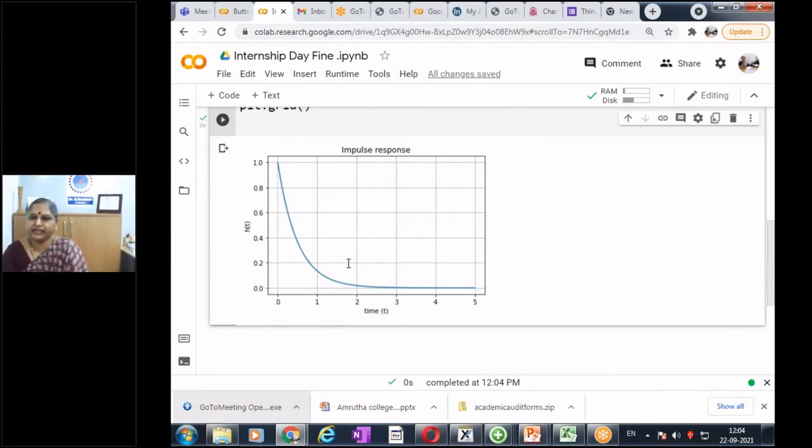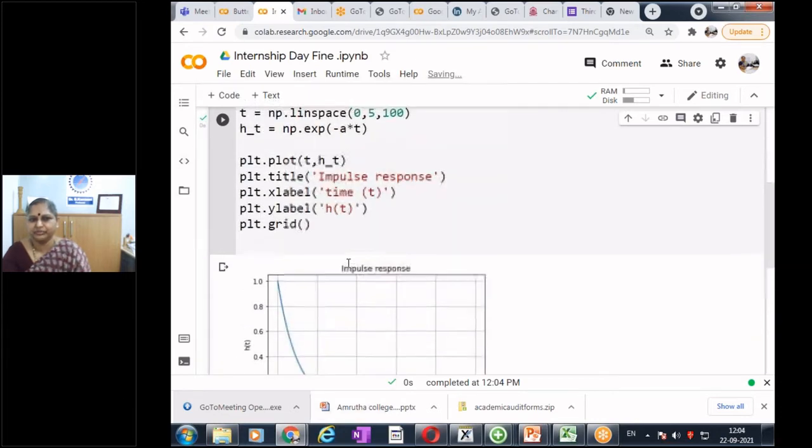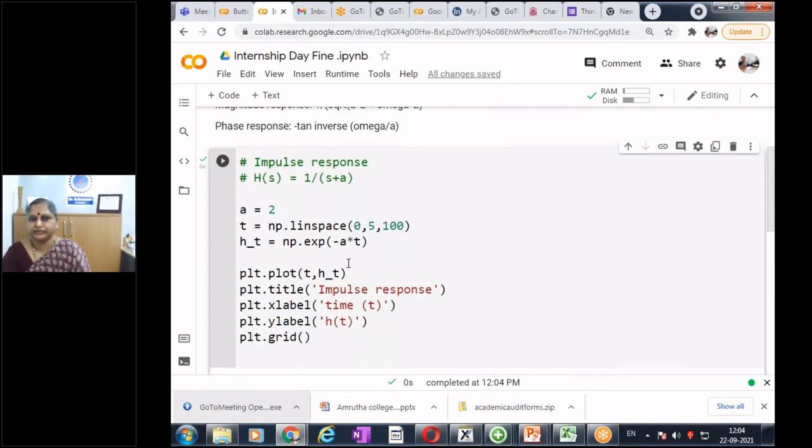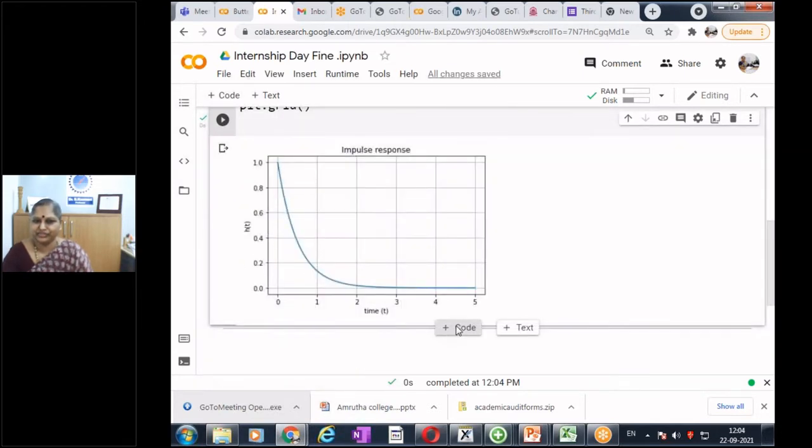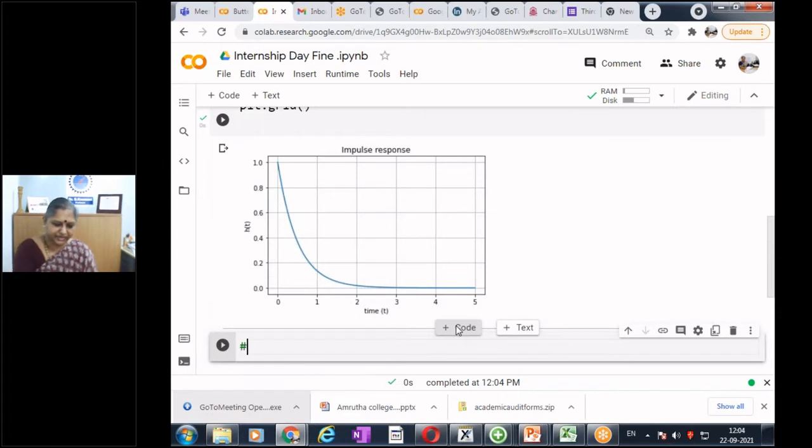By observing the area, can you tell whether the system is stable or unstable? Is this an example of a stable or unstable system? Have you done this? This is the impulse response. It is stable. Very good. You can also compute the area. We have the function for area. Those who are interested, please try this.